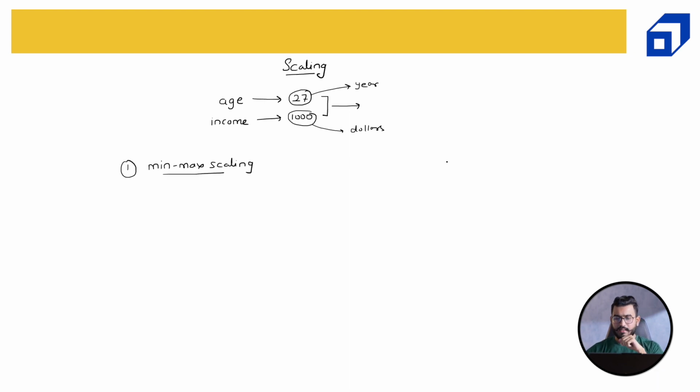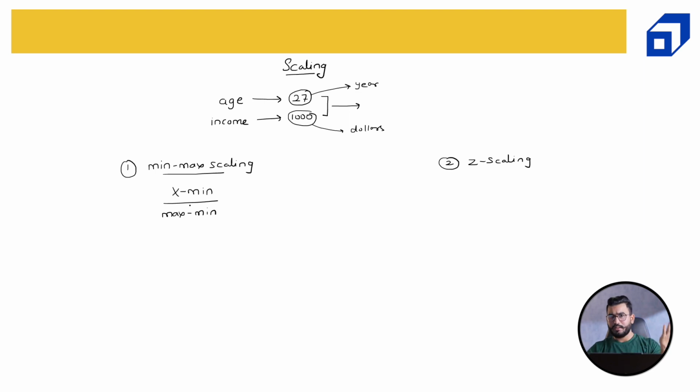The second one is known as standardization or the z-scaling. In min-max scaling, I try to convert the complete data into a scale of 0 to 1, where minimum is 0, maximum is 1. The formula is very simple: x minus min divided by max minus min.